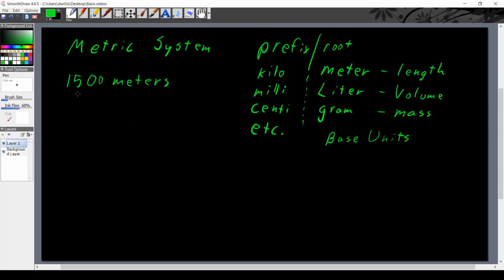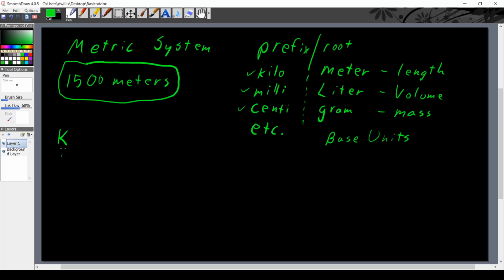And so we're going to look at the relationship between kilometers, millimeters, centimeters, etc. So just keep in mind up here that I've said that I have 1,500 meters, and we will adjust that into some other units based on different prefixes. First, let's talk about the prefixes. And I'm going to make a list of a few common prefixes.